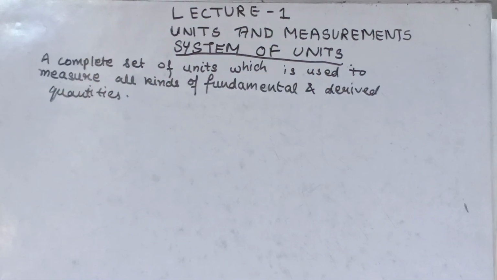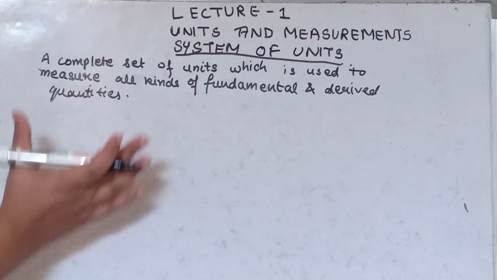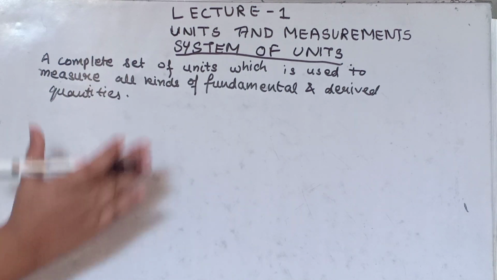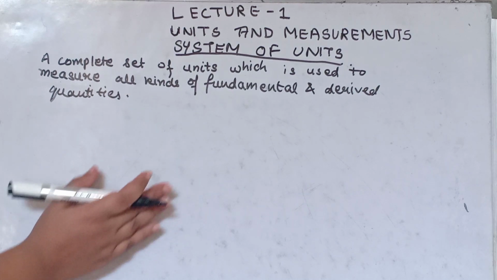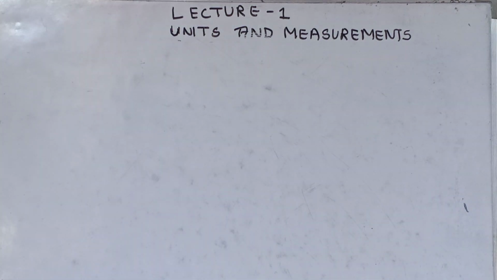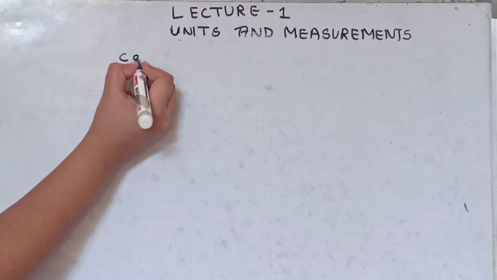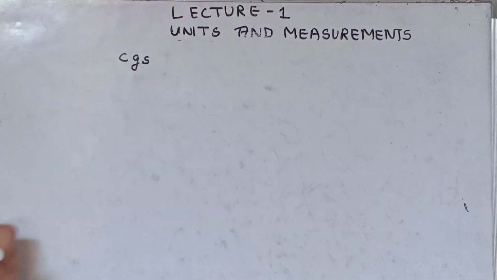Now we have different systems in which we choose different standards and we measure our fundamental quantities according to those standards. So I'll try and make a table so that you can easily sort out what I mean. Firstly, I'll write three systems. Number one is CGS system.